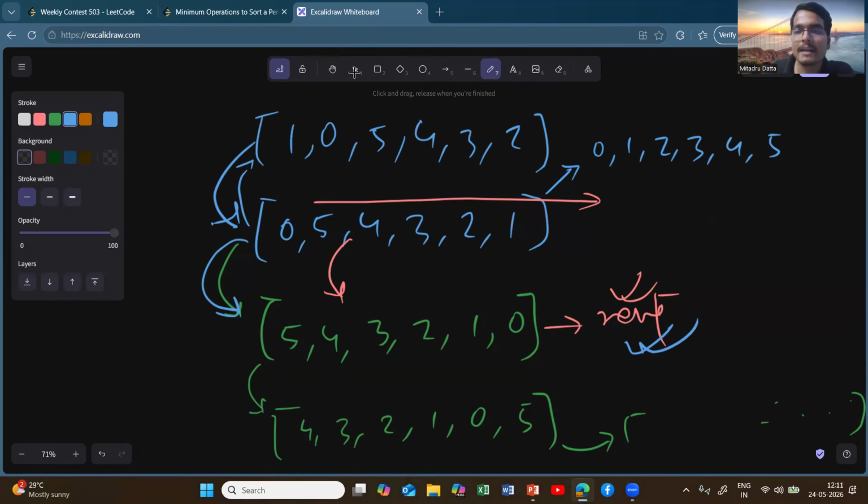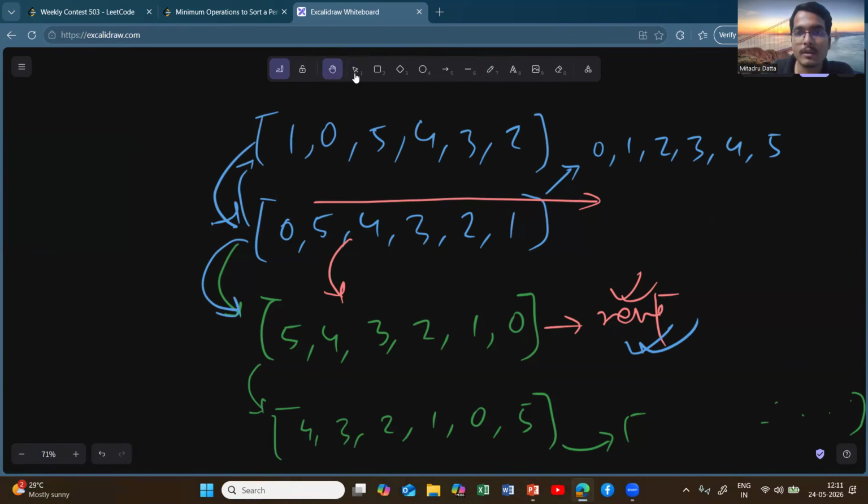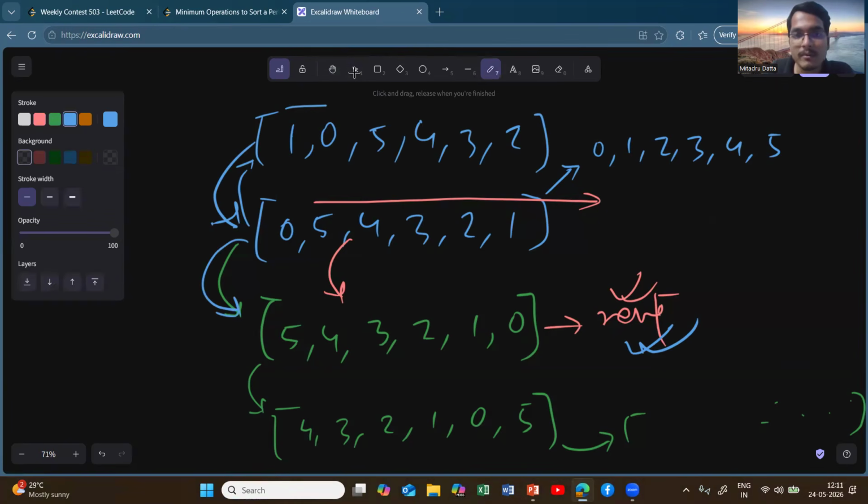So the thing is that the cyclicity of the elements, by that I mean if you try to find these elements traveling from left to right, you find most of them to be in decreasing order or not?